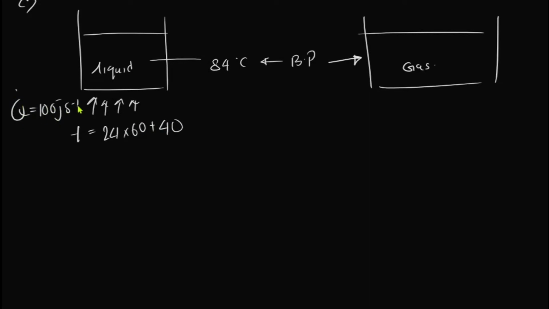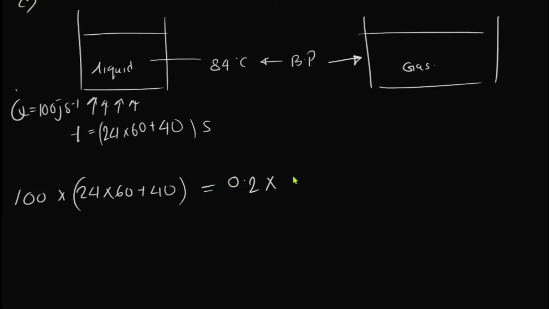It is 100 joules per second. So exactly what is the amount of heat supplied within this amount of time? It is 100 into (24 into 60 plus 40) equals, with mass 0.2, times L, the latent heat.